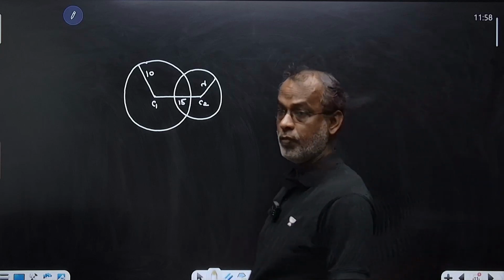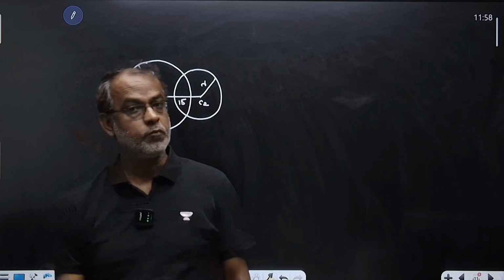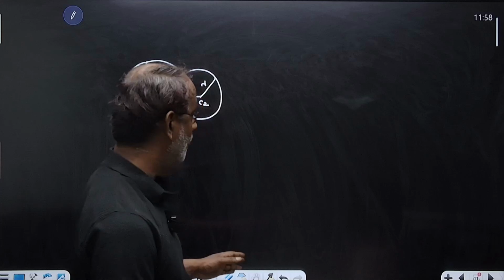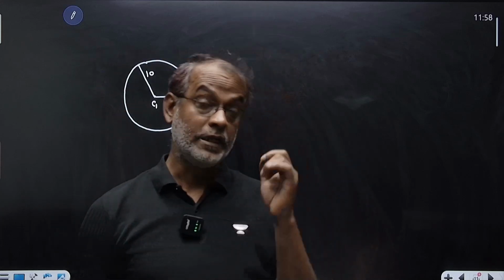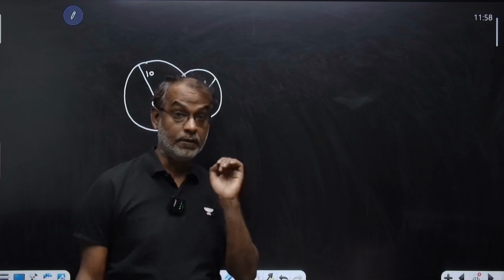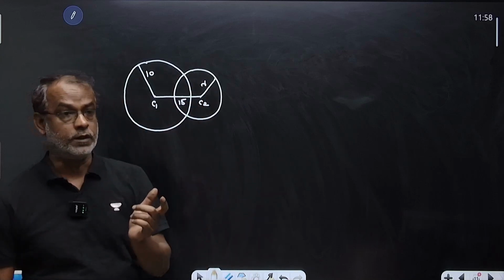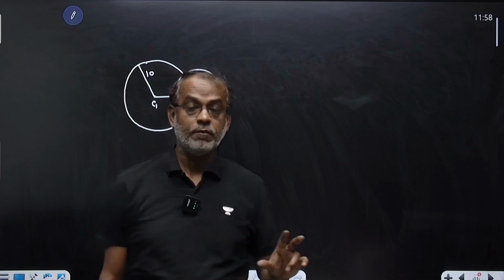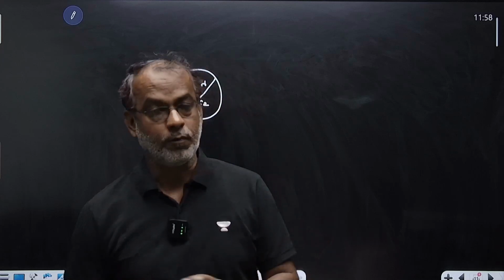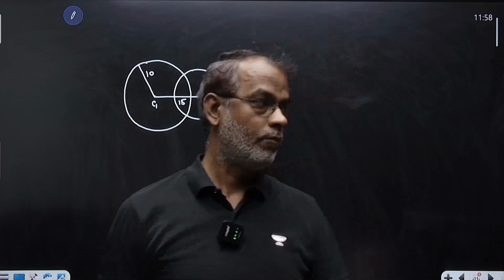Have a point in common: meeting at two distinct points is not the language. Have a point in common does not mean that there is only one point in common. Please keep the language of the problem in mind. These two curves have a point in common. That does not mean exactly one point in common. That means there is at least one common point.